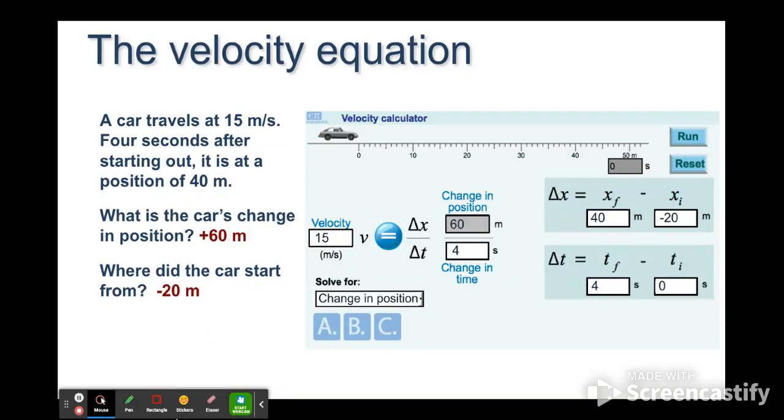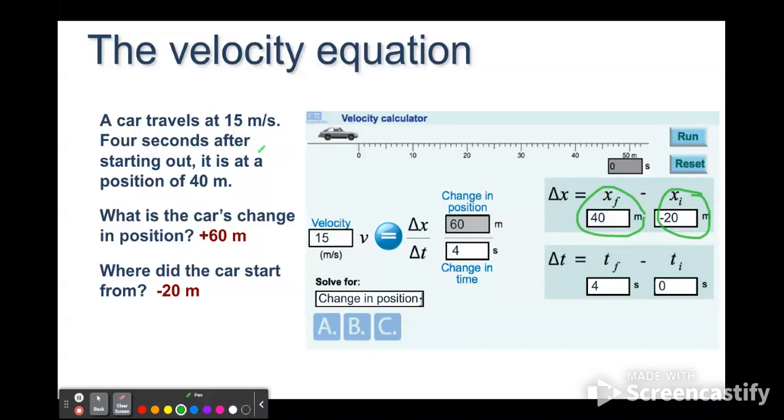So you can see here we had to plug in the final and the initial so that it starts initially, let me go back. So we put in the change in time because that's what we're given.